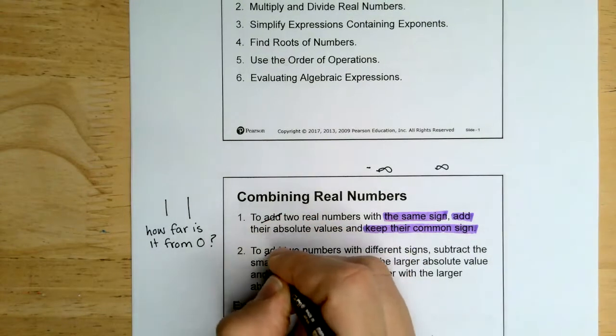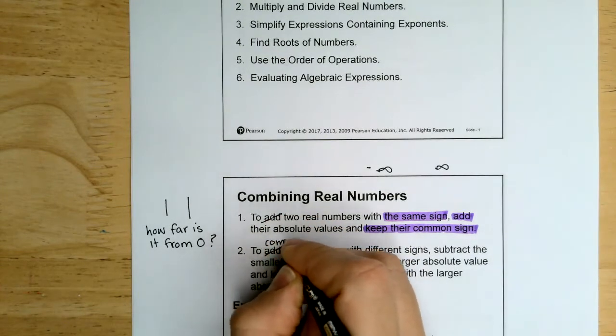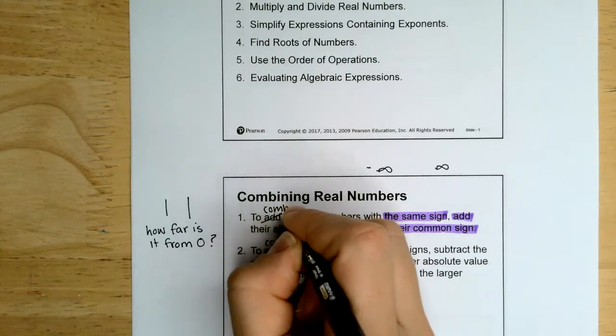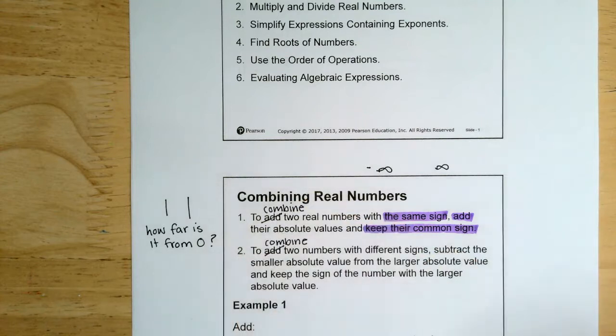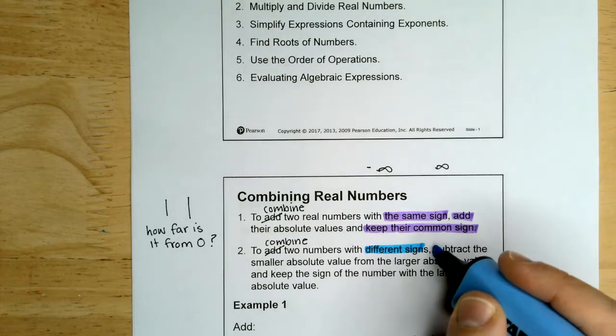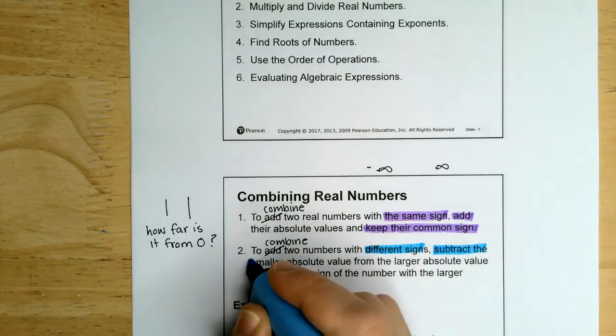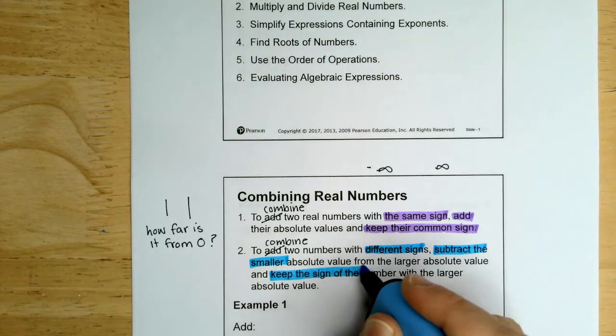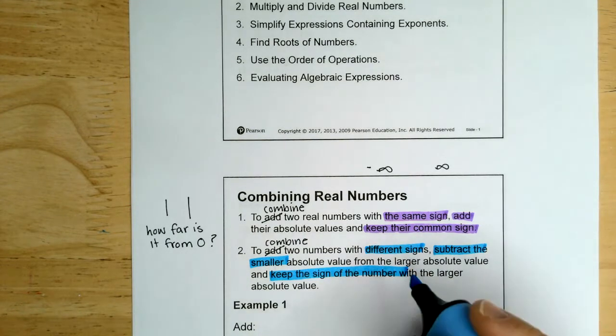To combine two numbers with different signs, we subtract the smaller absolute value from the larger and keep the sign of the larger number.